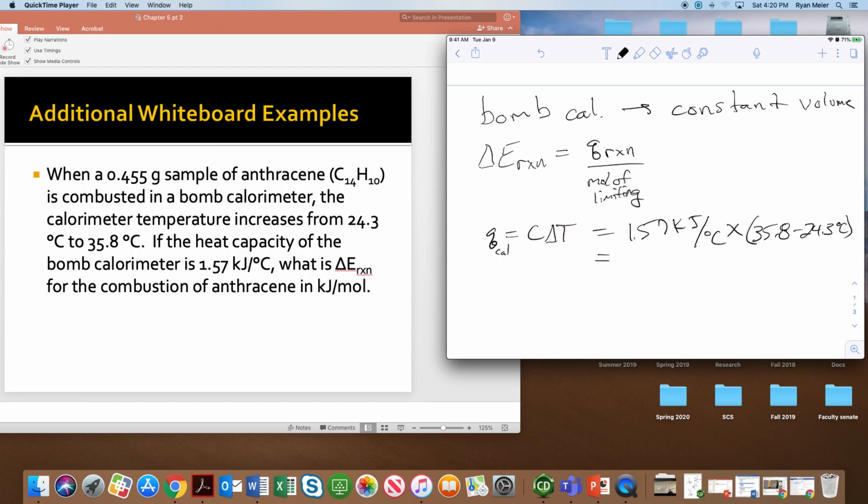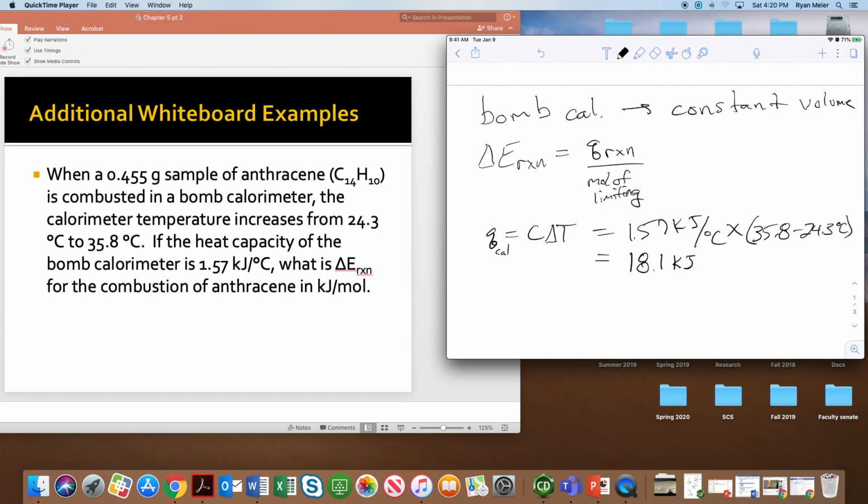That comes out to about 11.5 degrees for the temperature change. If we multiply that by the 1.57 kilojoules, I think we get about 18.1 kilojoules. That's the Q of our calorimeter.